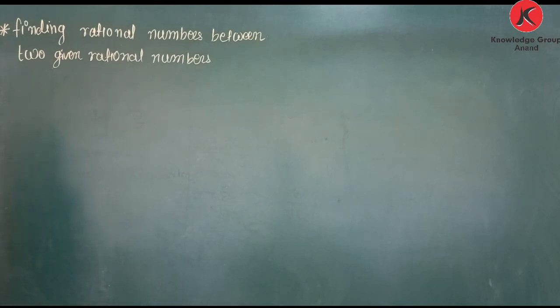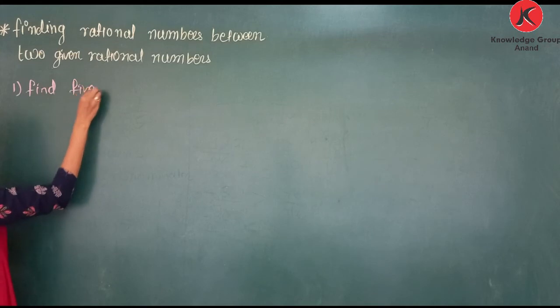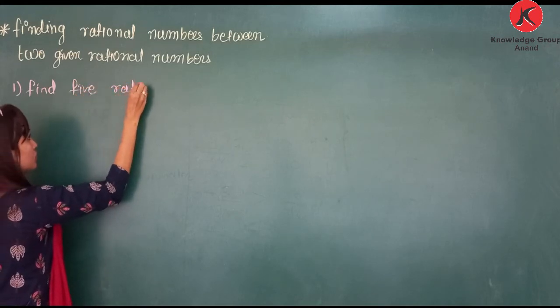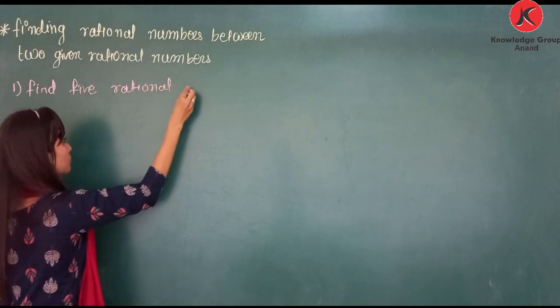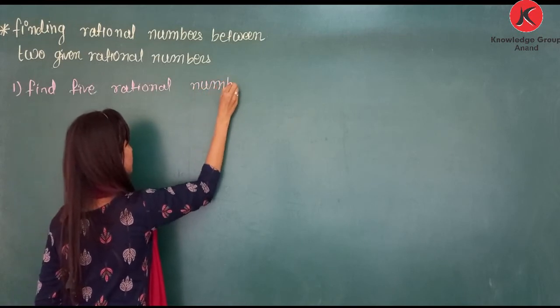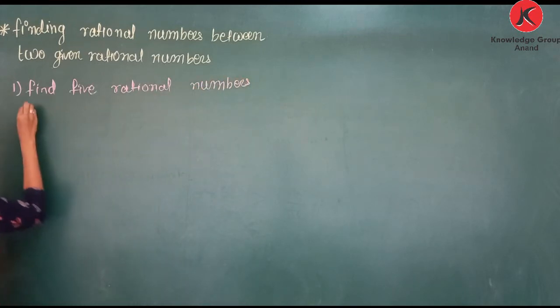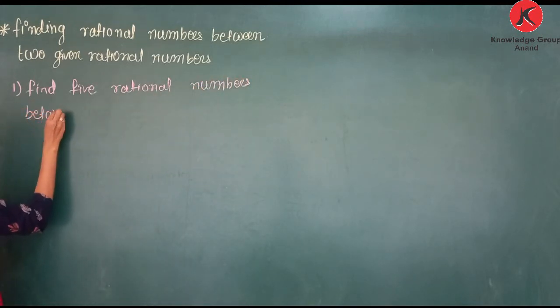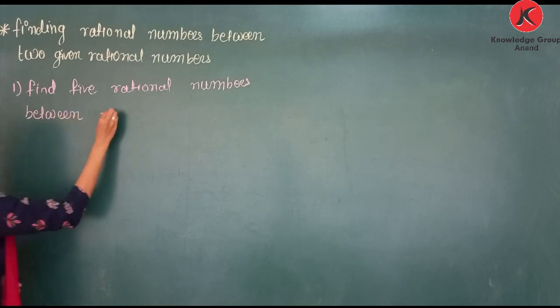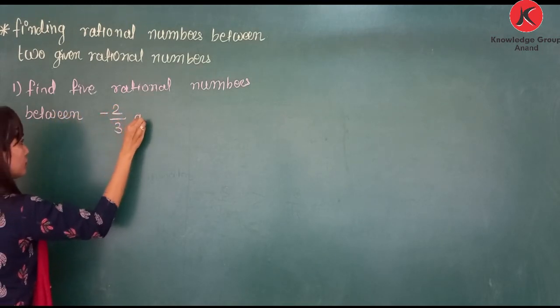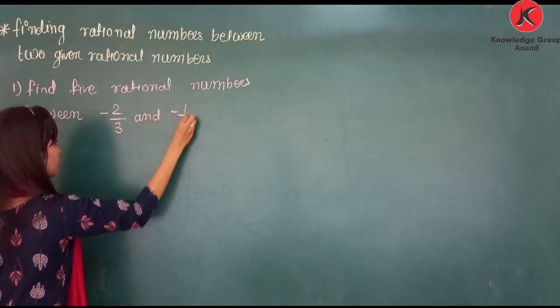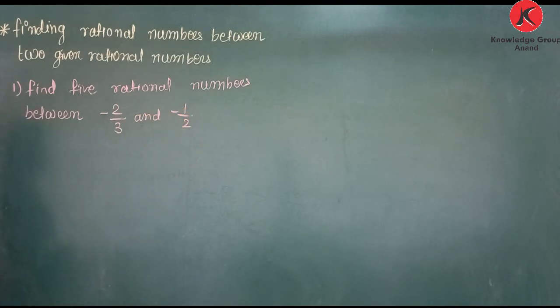So let's take one example. Find 5 rational numbers between minus 2 by 3 and minus 1 by 2.